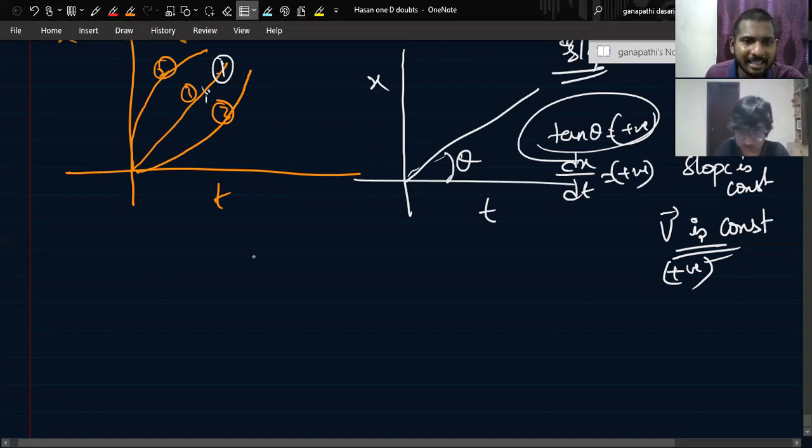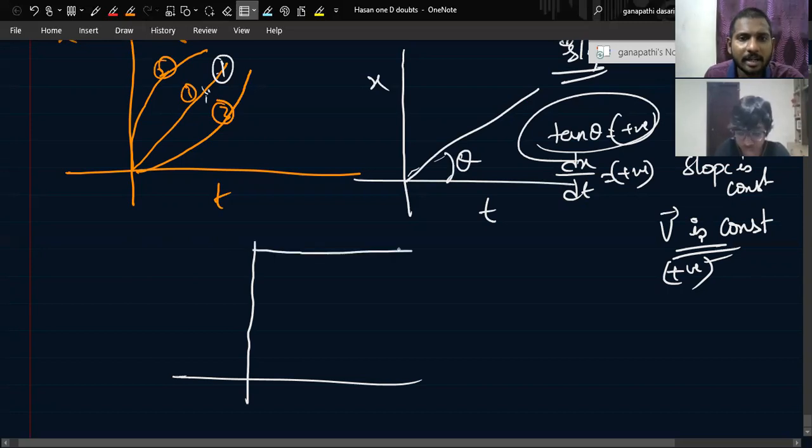Then another graph, one of the graphs, is a straight line. What is this graph suggesting? What is the slope of this line?